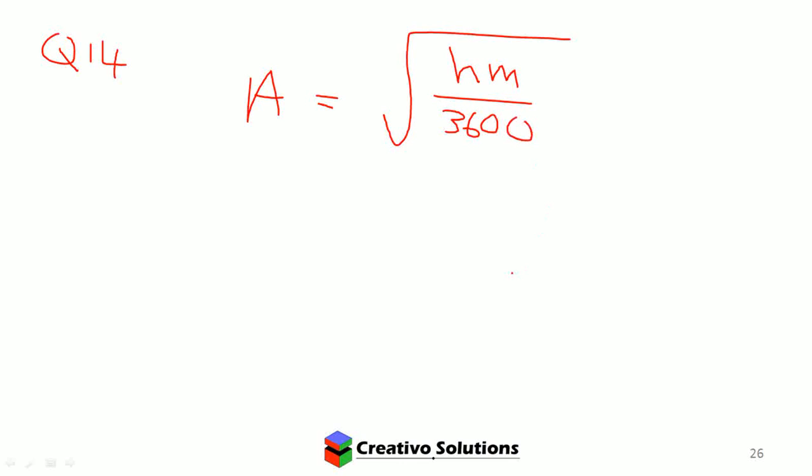Question 14 states: The surface area of a person's body, A square meters, is given by the formula A equals the square root of HM over 3600, where H is the height in centimeters and M is the mass in kilograms.